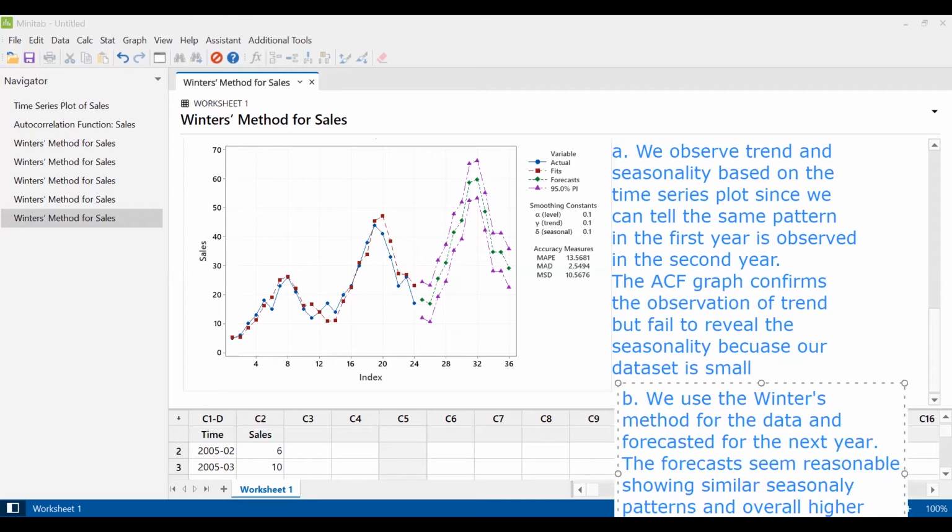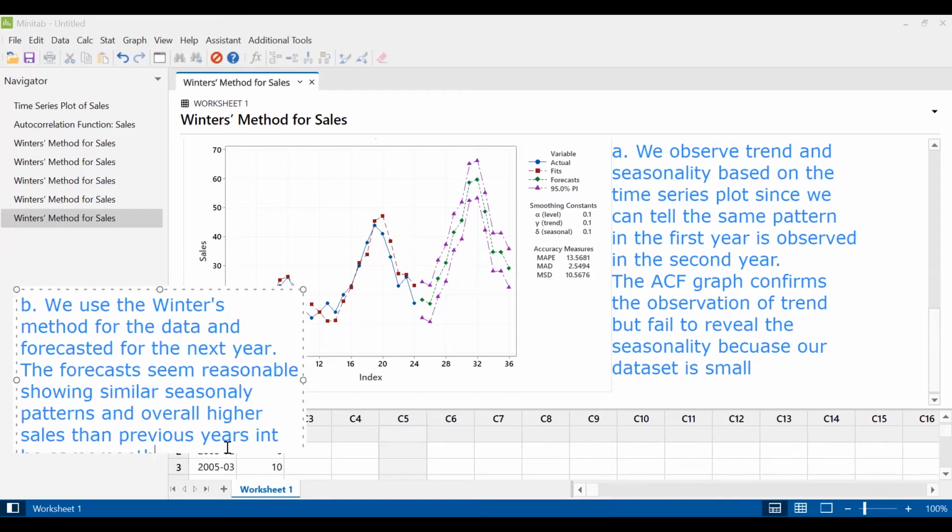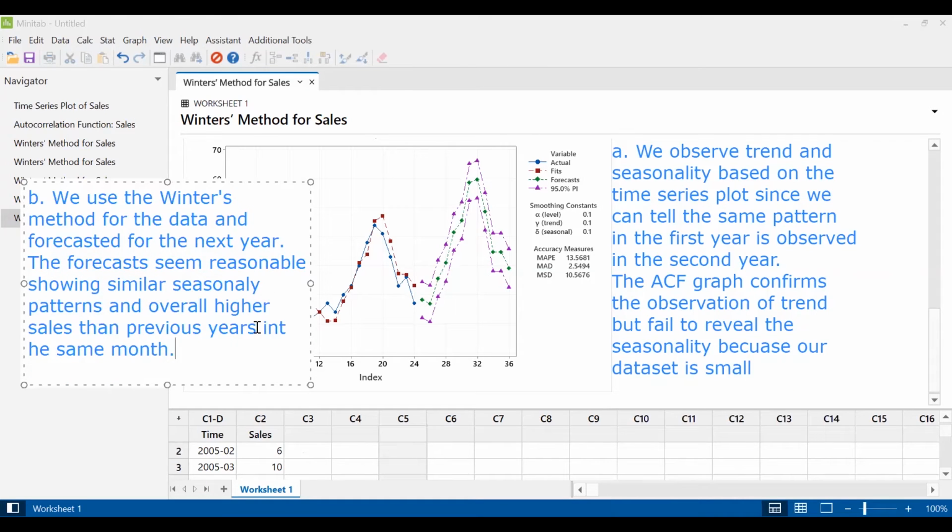I need to pull this on this side so we can see it. Just fixing a few typos up there. All right, so that's part B.